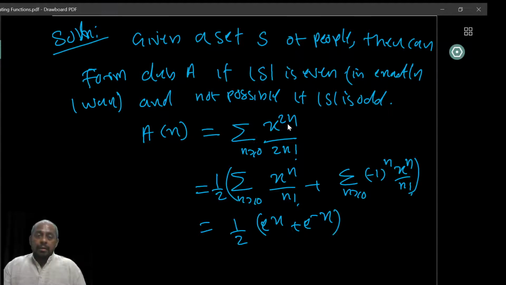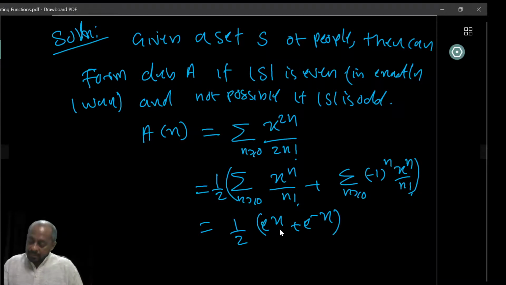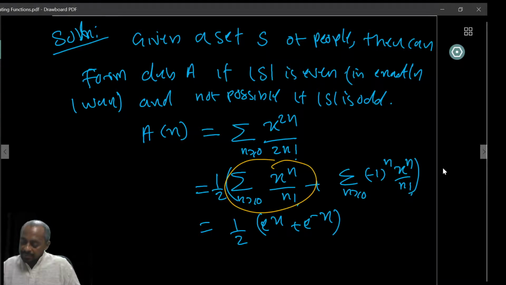So what is this? This is equal to e raised to x plus e raised to minus x by 2, right? Because what we have here is e raised to x, and what we have here is e raised to minus x.